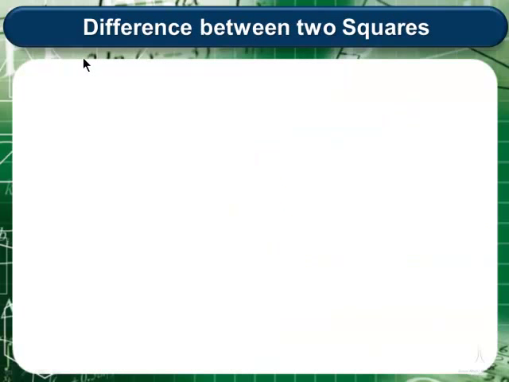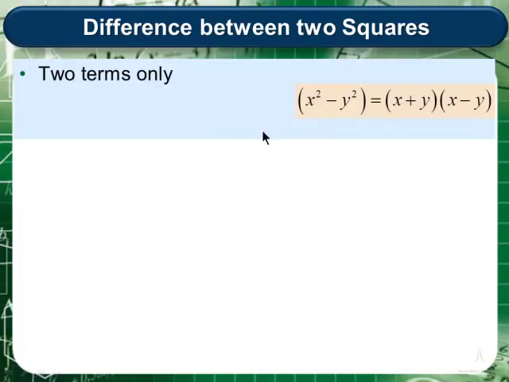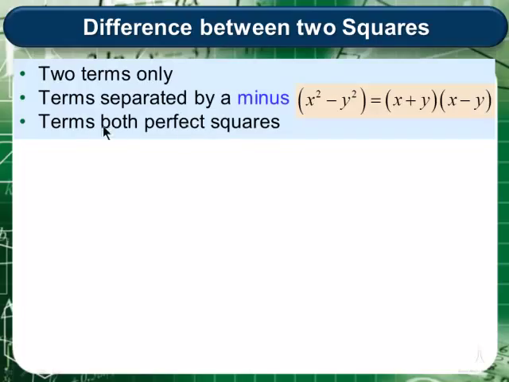The third important technique of factorization that we will discuss is called the difference between two squares. Now we have seen this already, but in a different format. Normally the expression that can be factorized using this technique consists of 2 terms only, and the terms will be separated by a minus, and both terms will be perfect squares.